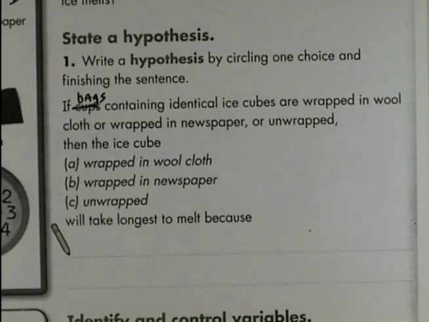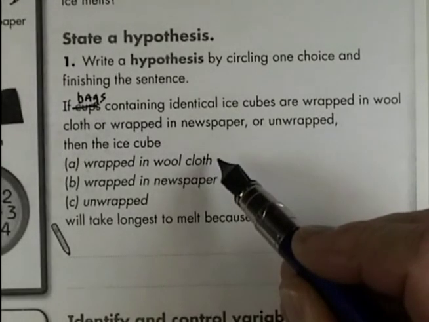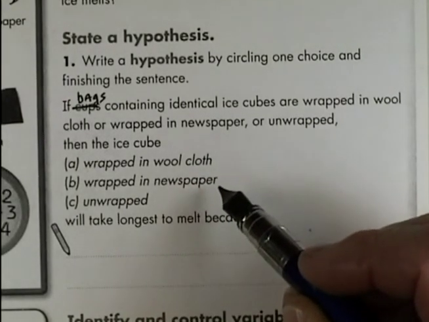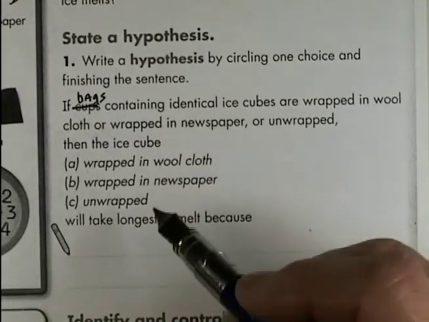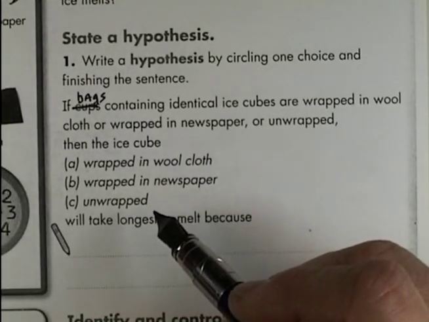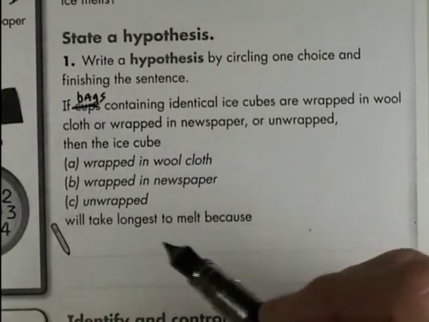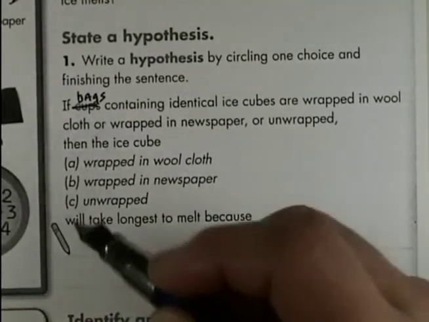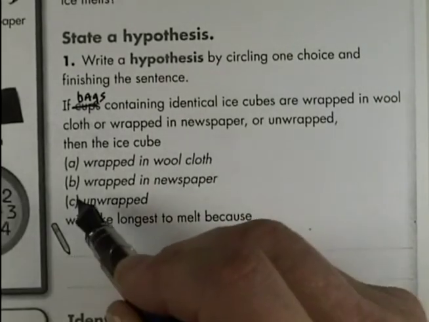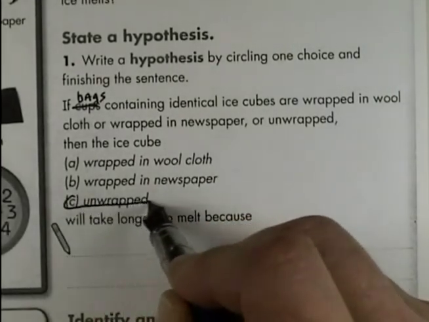Now, I might have a crazy idea that wool is what sheep wear, keeps them warm. Newspaper has lots of layers, or maybe unwrapped, the light helps it stay frozen. So I don't know. What if I pick? I'm going to pick. It doesn't matter. It's what you think. You choose, and you have to give a reason. So I'm going to pick number C, unwrapped.